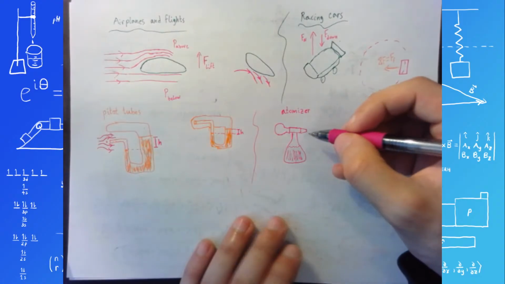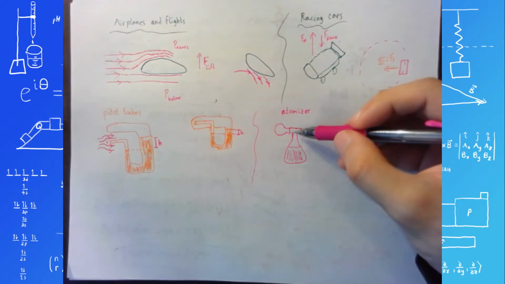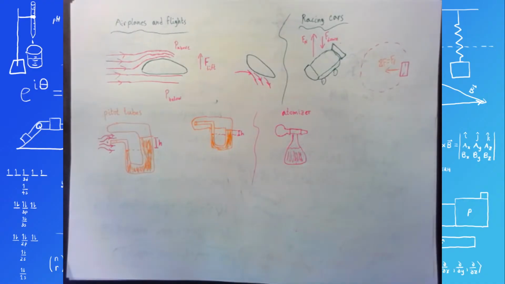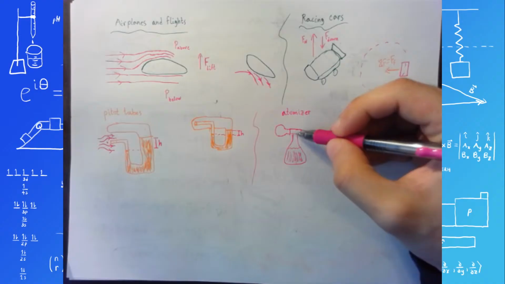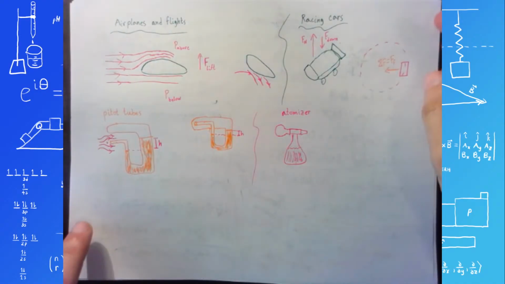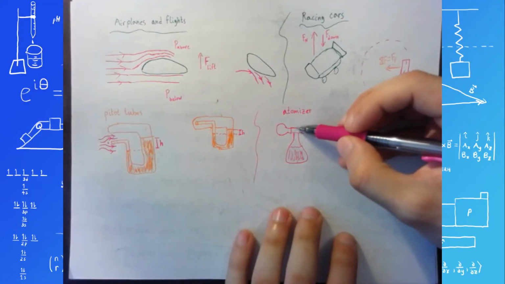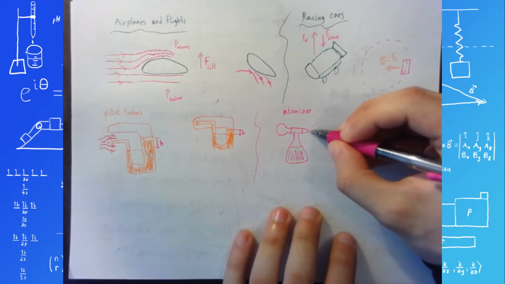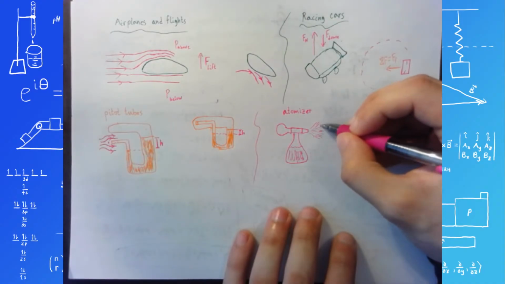It gives it some speed, and that speed lowers its pressure, and the lower pressure up here versus the higher pressure down here leads to some flow from the bottom to the top. Some of this liquid or gas, whatever is in the container, will flow up into here, and that is how you end up spraying it out.